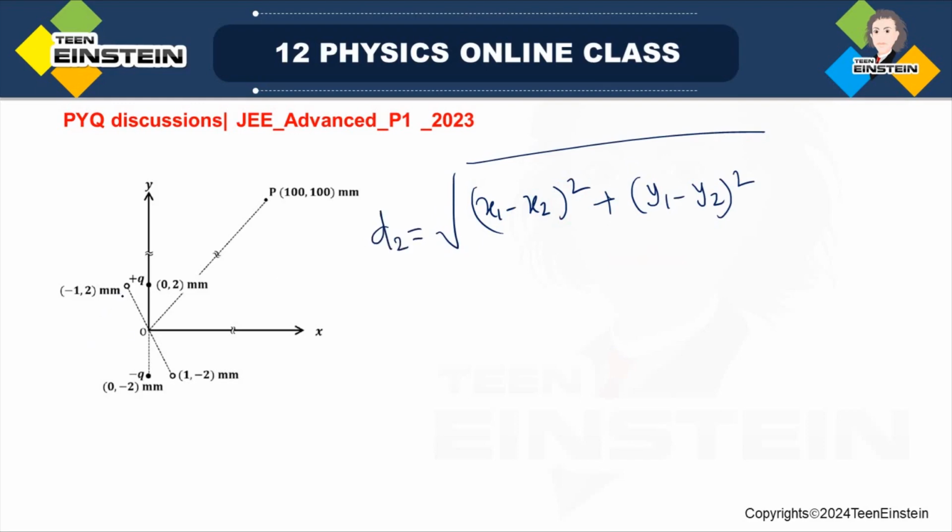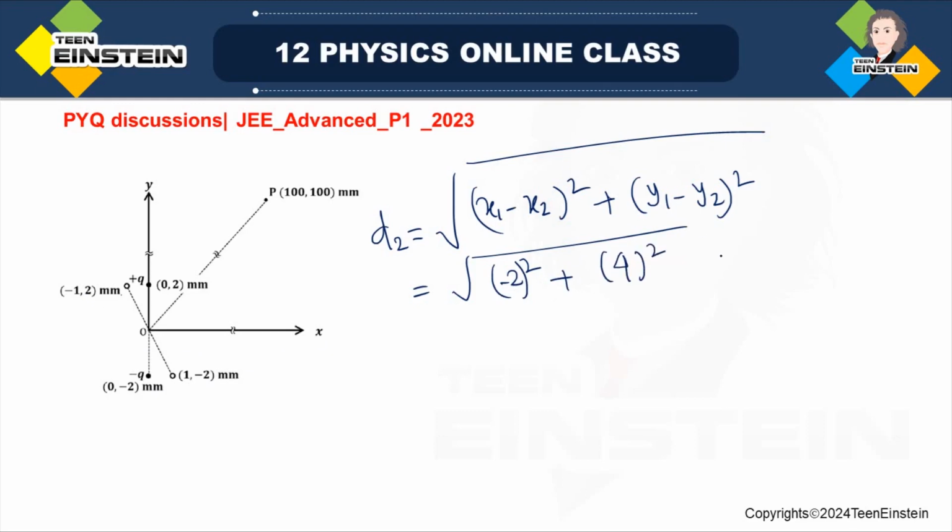Let us write this. If I say this is x1 and this is x2, I'll get minus 1 minus 1, so minus 2, square, that will be 4 anyway. This is y1, this is y2, so this will be 4 square.